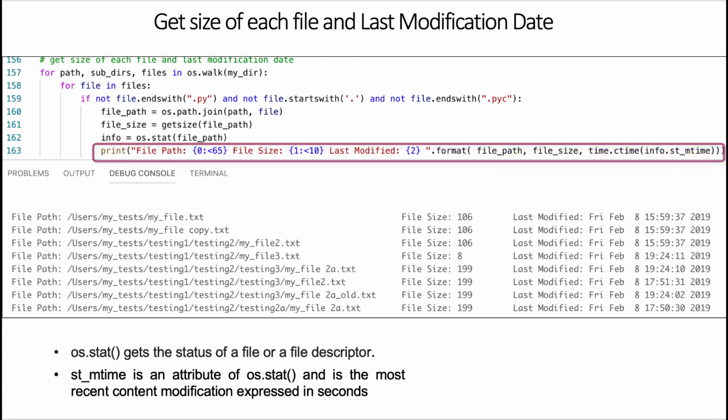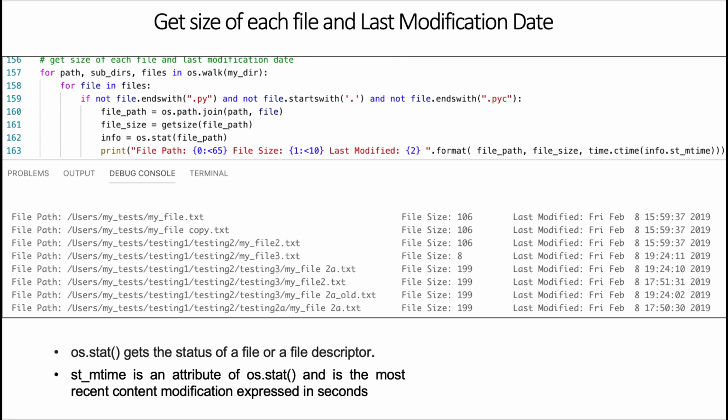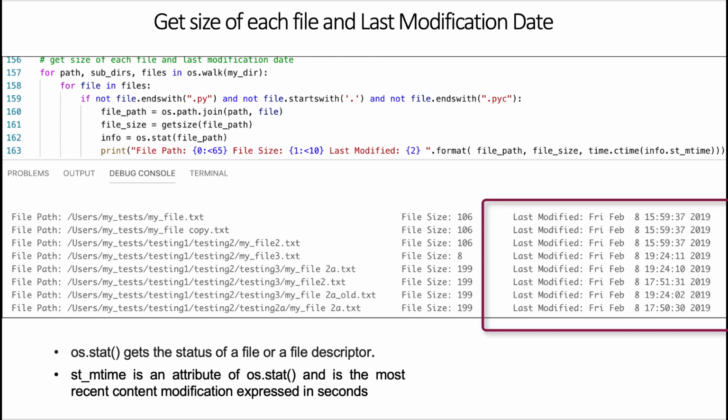So we want to convert that to something human readable, or that we can understand, unless you're a wizard for seconds and converting that. time.ctime, and then we pass it that info, right? Because info equals os.stat(file_path), and now we can extract different attributes. So we're going to extract that st_mtime, the time it was last modified, and just convert that into what you see down here, Friday, February 8th at 15:59, etc.